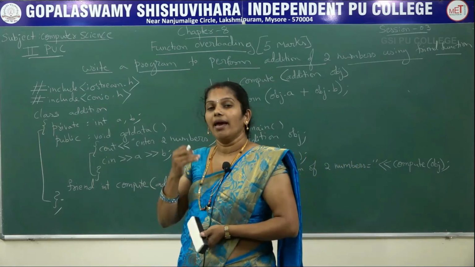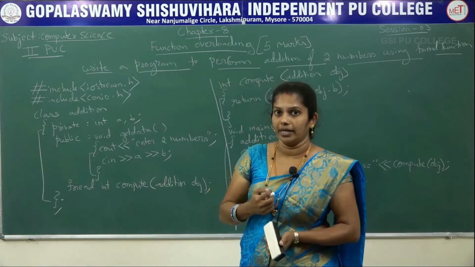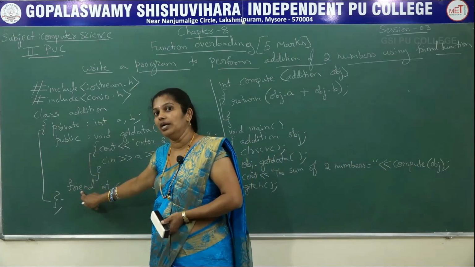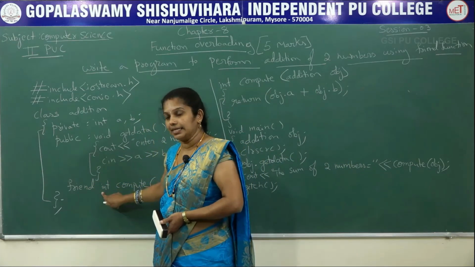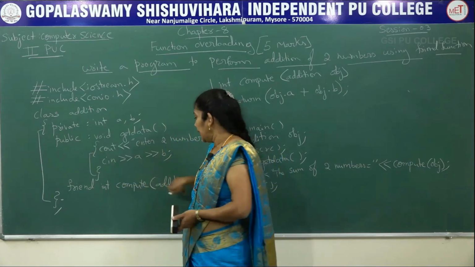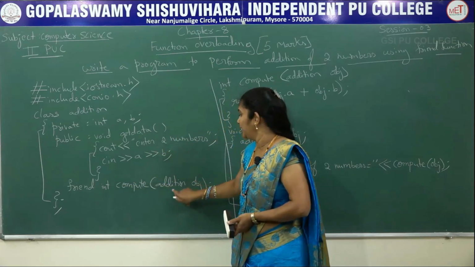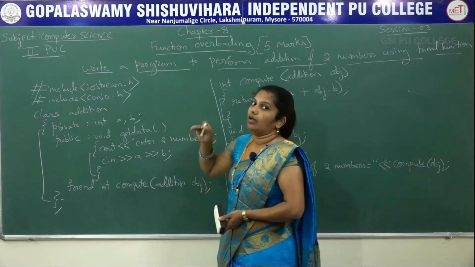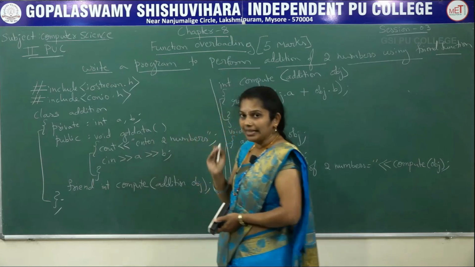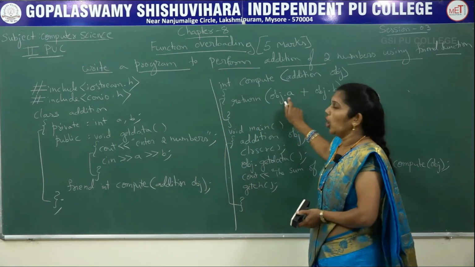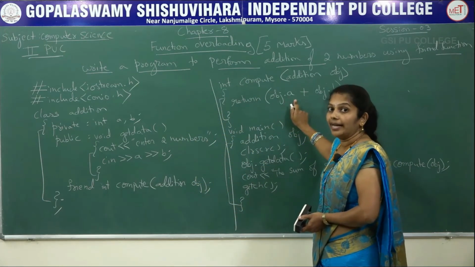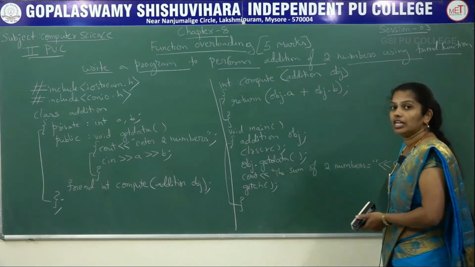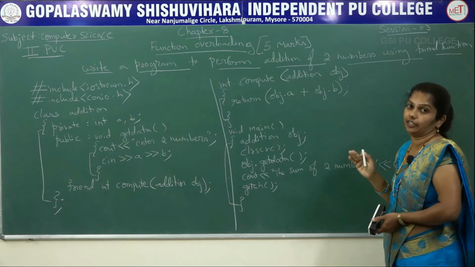While writing the syntax, we compulsorily have to use the keyword friend, next the return type, then the function name, inside the parenthesis you have to write the class name, then the object name. Then if it wants to access any data, how to write? Object dot data member. To call the function, we do not require any object at all.